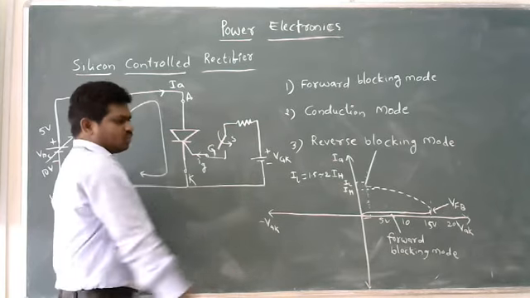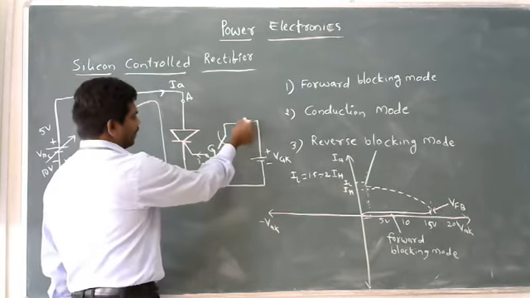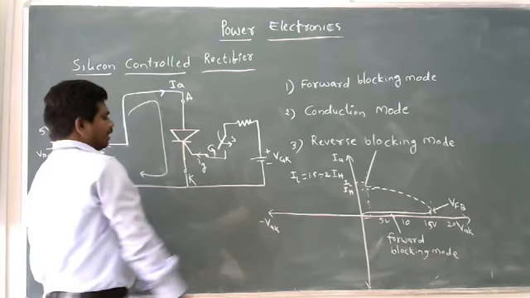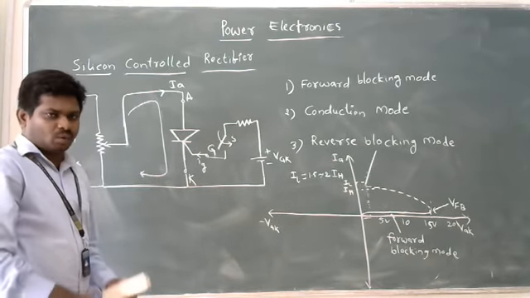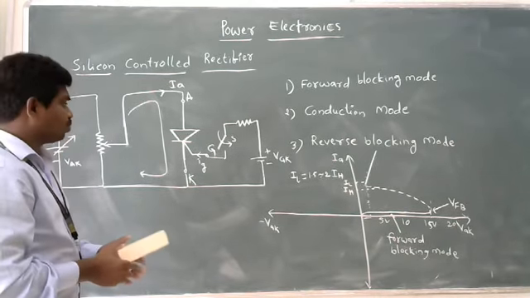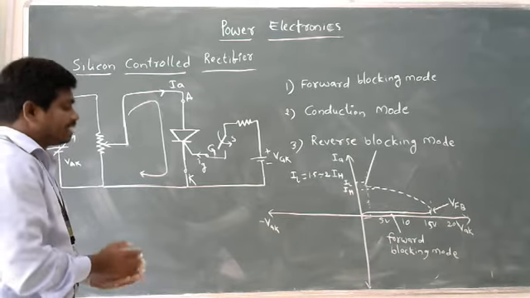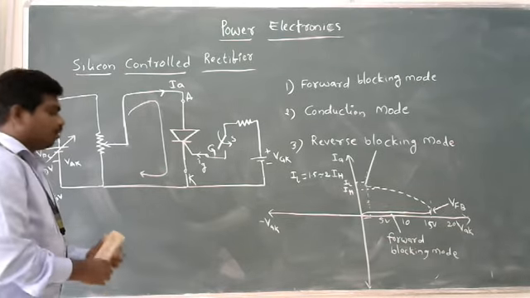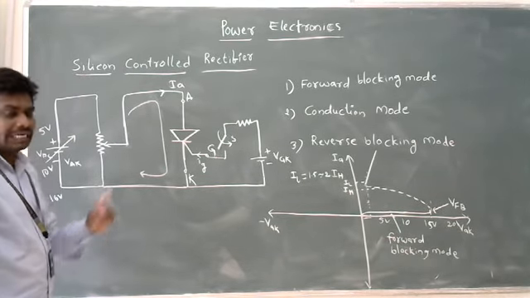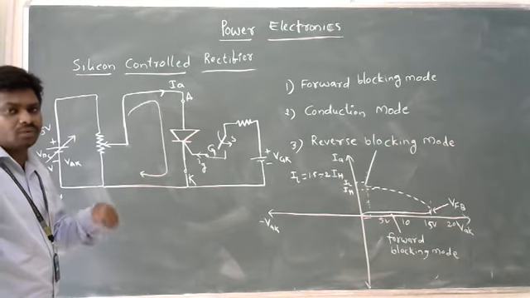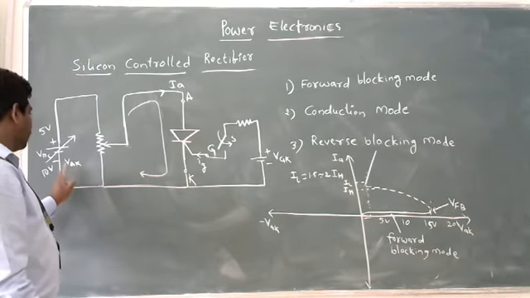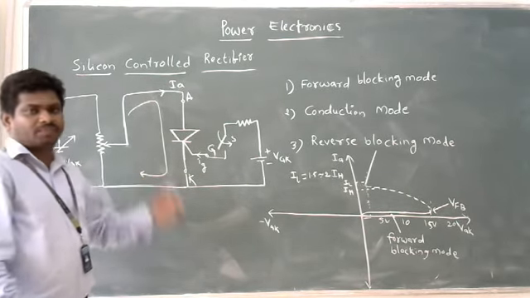After closing the switch, what happened? Current comes like this and enters the gate terminal. Now we are applying a gate signal. Initially one input was there, now there exist two inputs. One input is this one, the other input is this one.